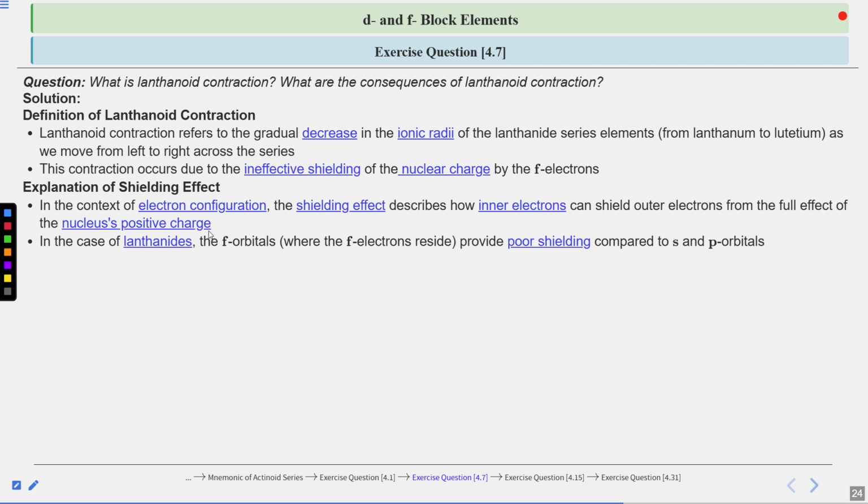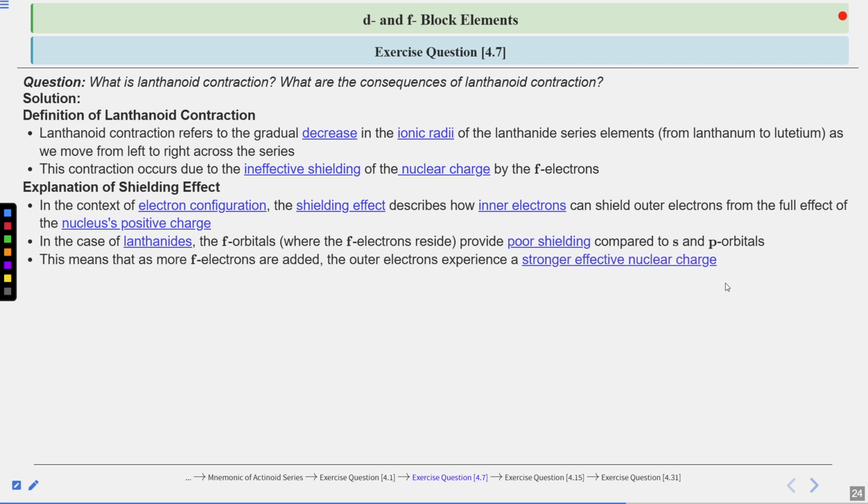Now in case of lanthanoids, the f orbitals, where the f electrons are available, provide poor shielding compared to the s and the p orbital. So comparing to s and p orbitals, the f orbital provides poor shielding, due to which the electrons are more attracted towards the nuclear positive charge, right?